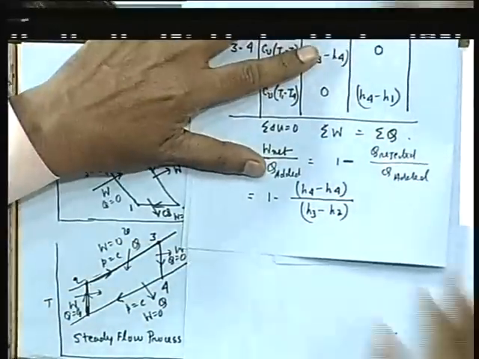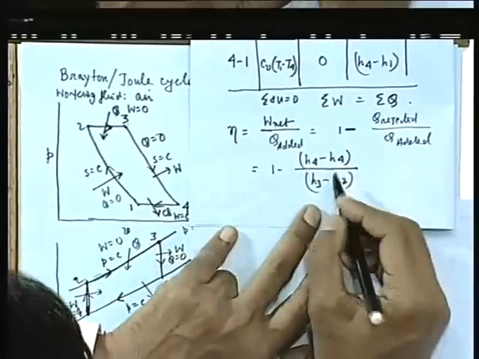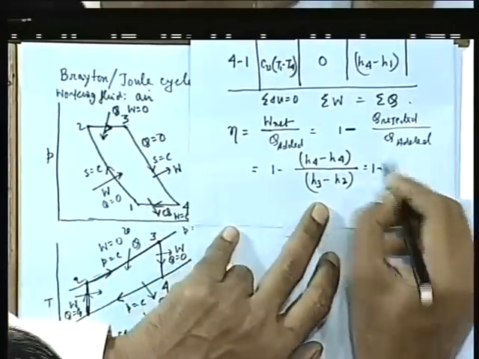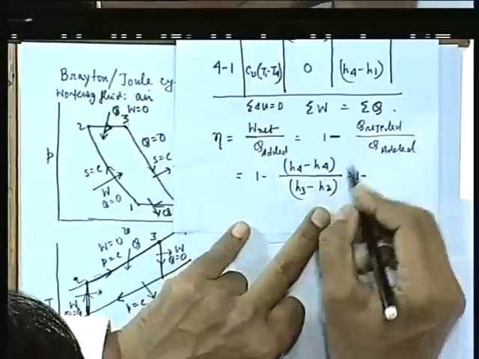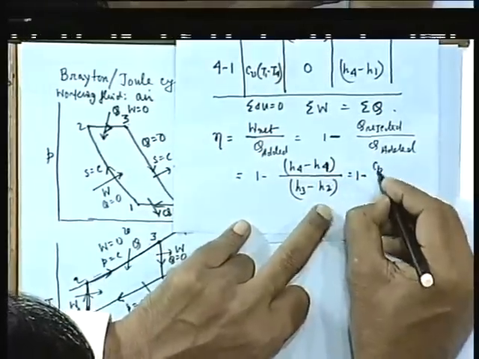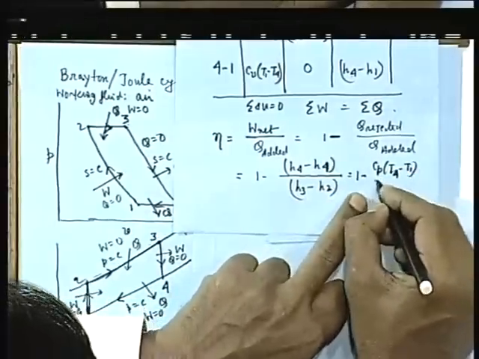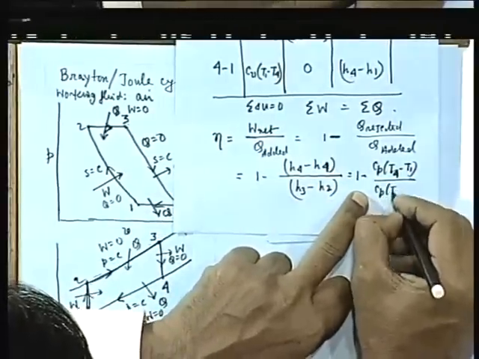Now, a little more, if we want to expand this, it becomes like this. Again considering an ideal gas, we can write H4 minus H1 as Cp (T4 minus T1), divided by Cp (T3 minus T2).